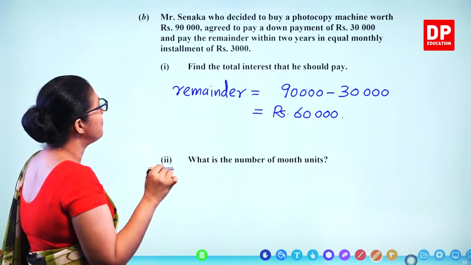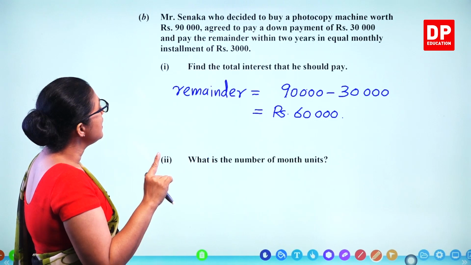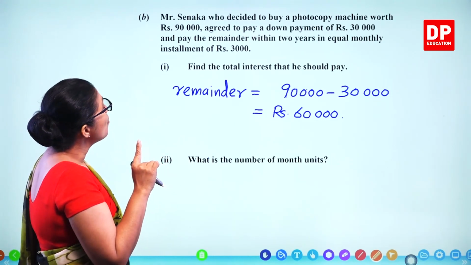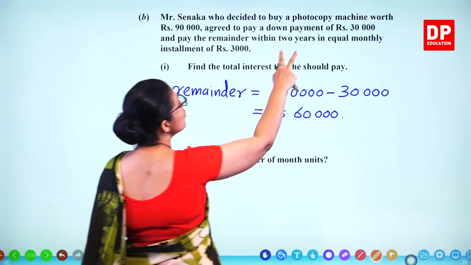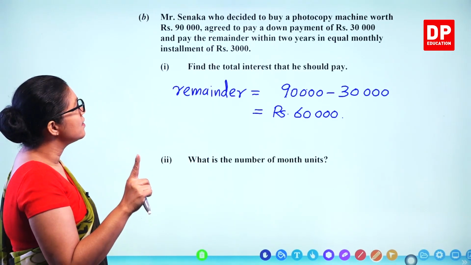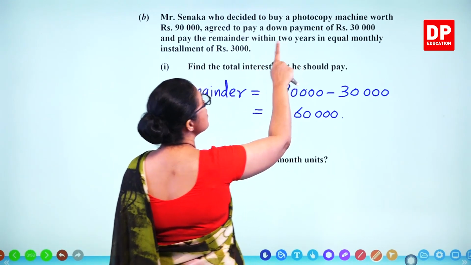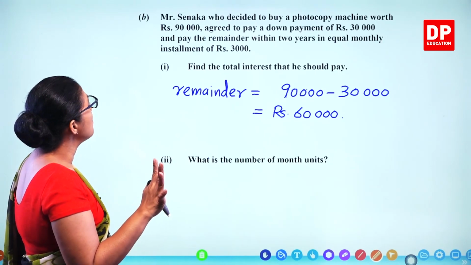That's the remainder. So equal monthly installments of 3,000. How many years? 2 years. So how many months for 2 years? 2 times 12, 24 equal months.